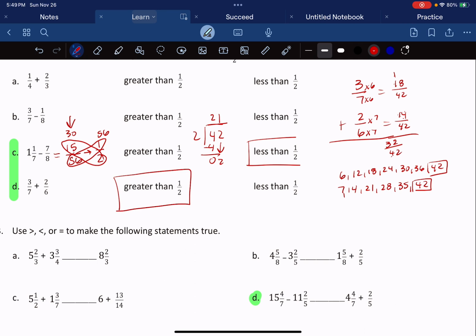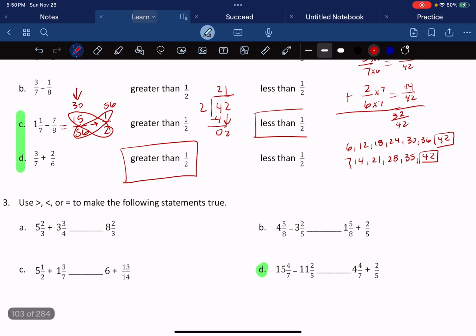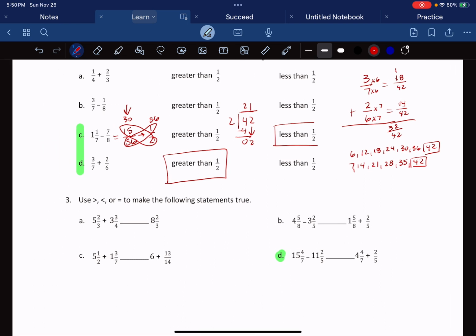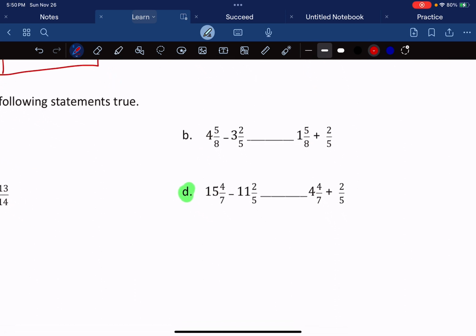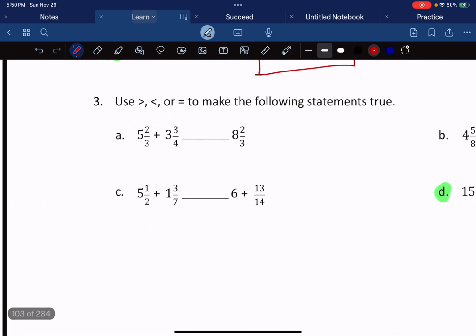Or again, you can take that 32 and 42 and compare it to a half and use the butterfly method, whichever one you want to use. Pause it if you are still writing the information that you need. And then we are going to go on to number 3.